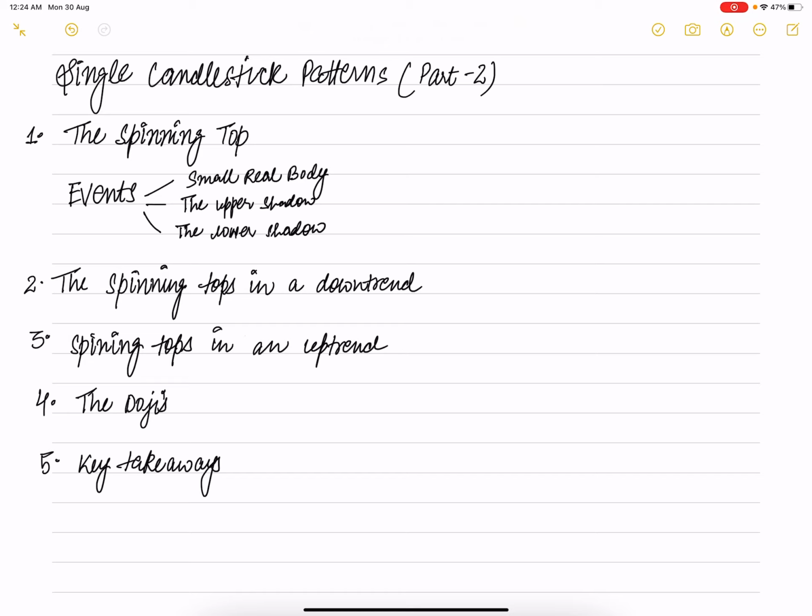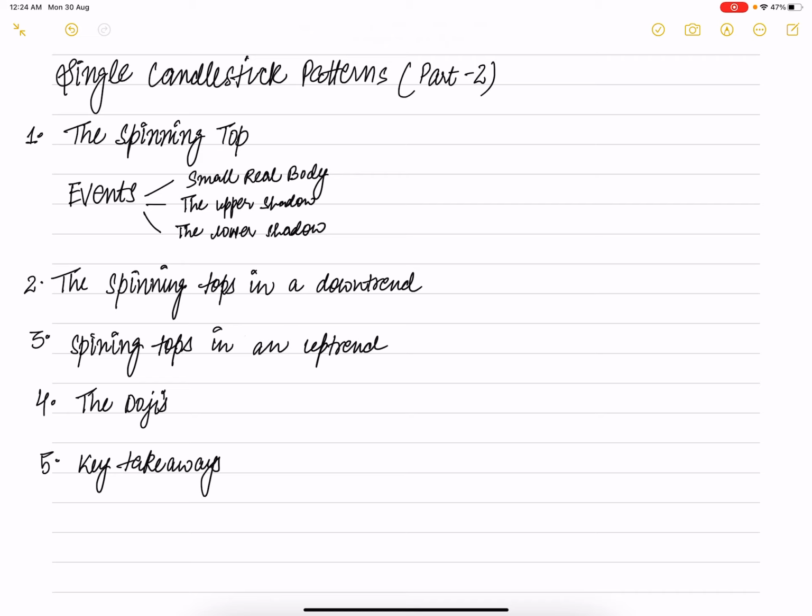However, keeping in mind the second rule, that is, be flexible, verify, quantify, even if there is a wafer thin body, the candle can be considered a doji. Obviously, the color of the candle does not matter in case of a wafer thin real body. What matters is the fact that open and close price are very close to each other.